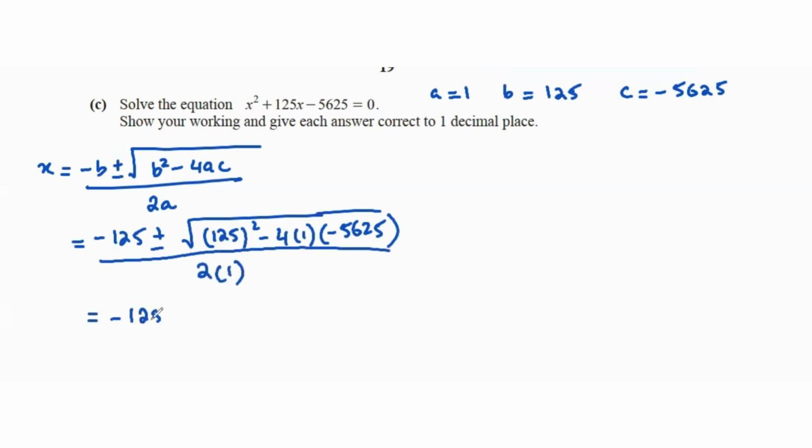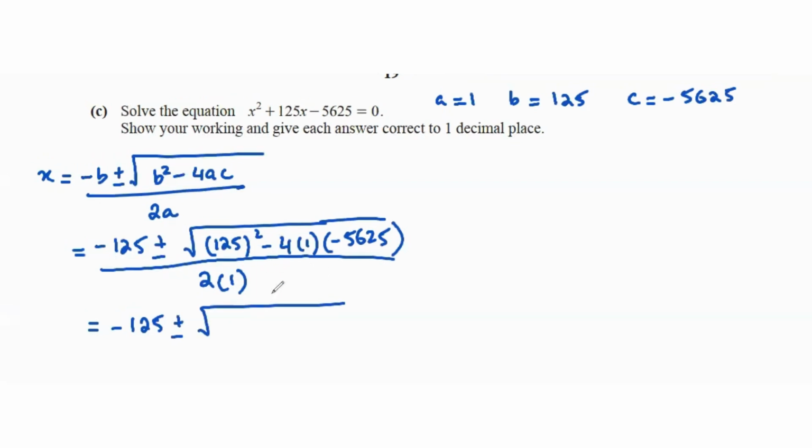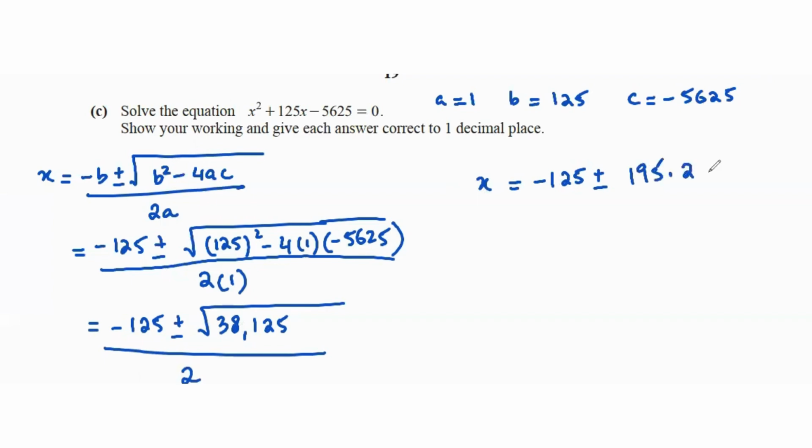This will equal negative 125 plus or minus the square root of 125 squared minus 4 times negative 5,625, which gives us 38,125, divided by 2. If we square root that, it will equal 195.26.